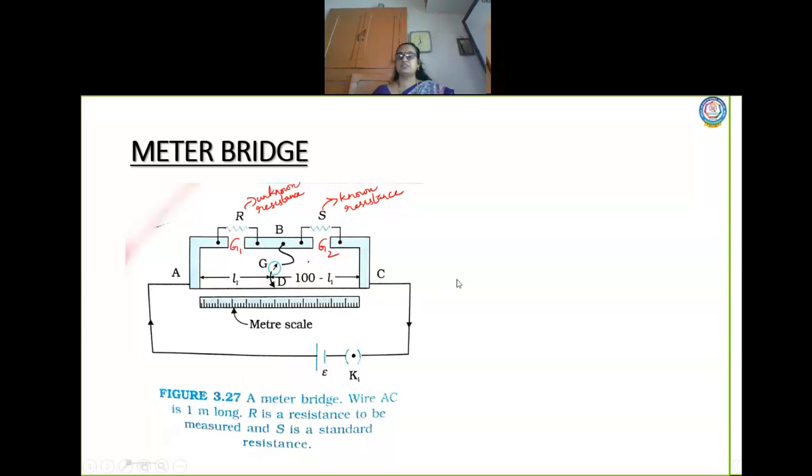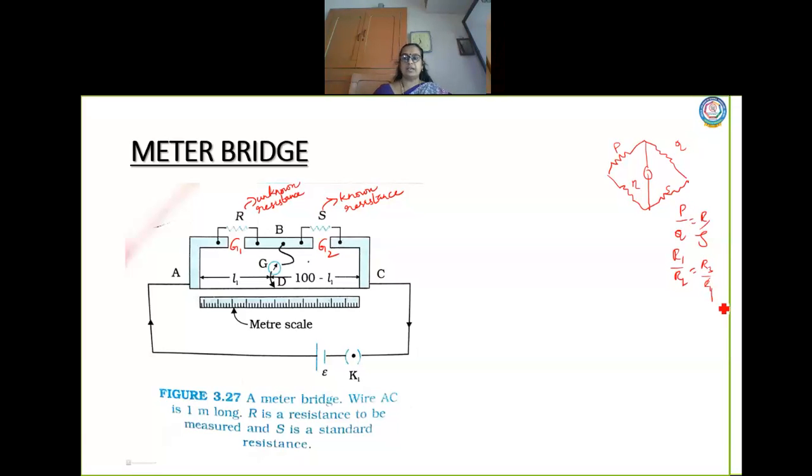You remember the Wheatstone's network. I'll just draw a rough here. So this is how the Wheatstone's network was. In between you have a galvanometer. Now you have P, Q, R, S, and we proved that P by Q is equal to R by S, or R1 by R2 is equal to R3 by R4. This is what we did.